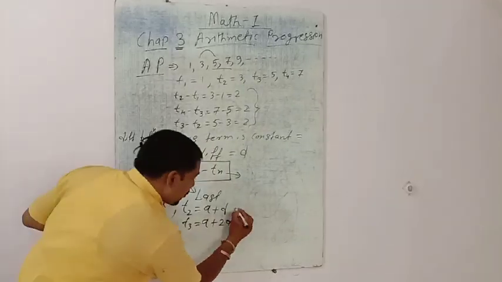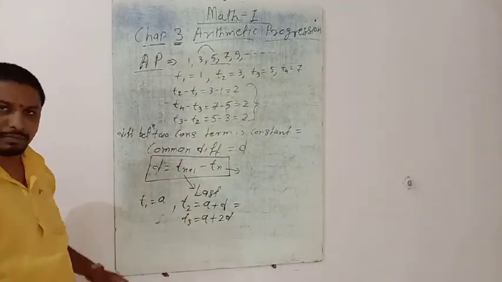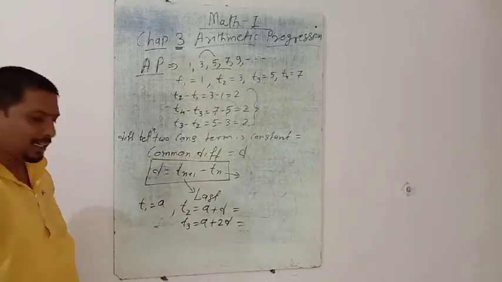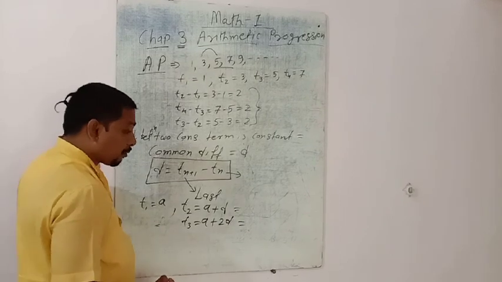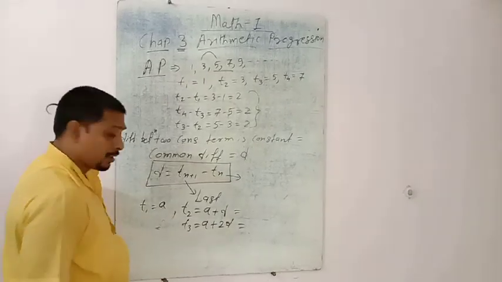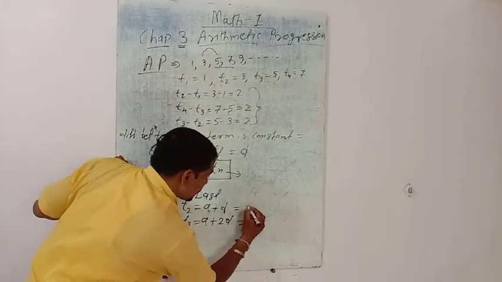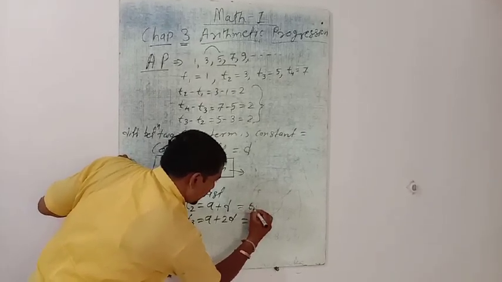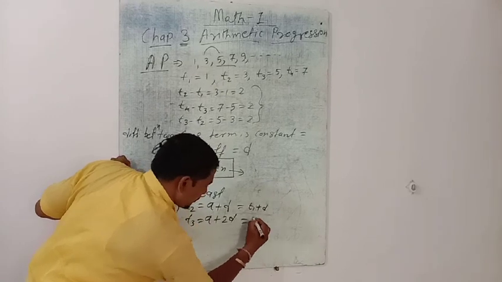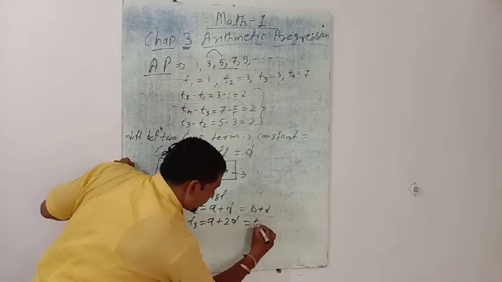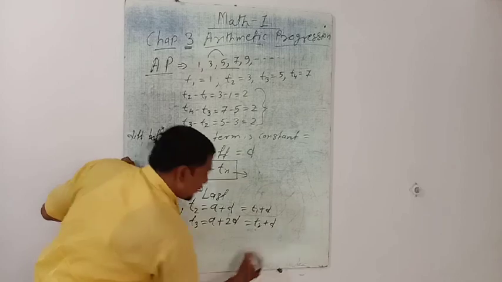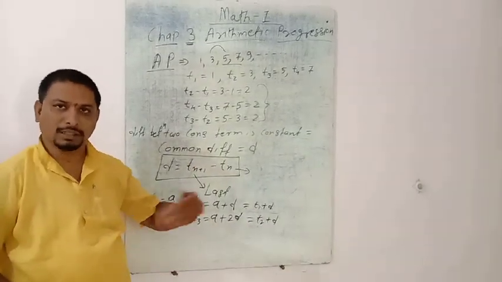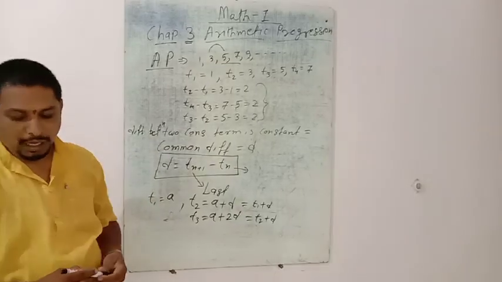Another way to find T2 is T1 plus D. In the same way we can find other terms also.